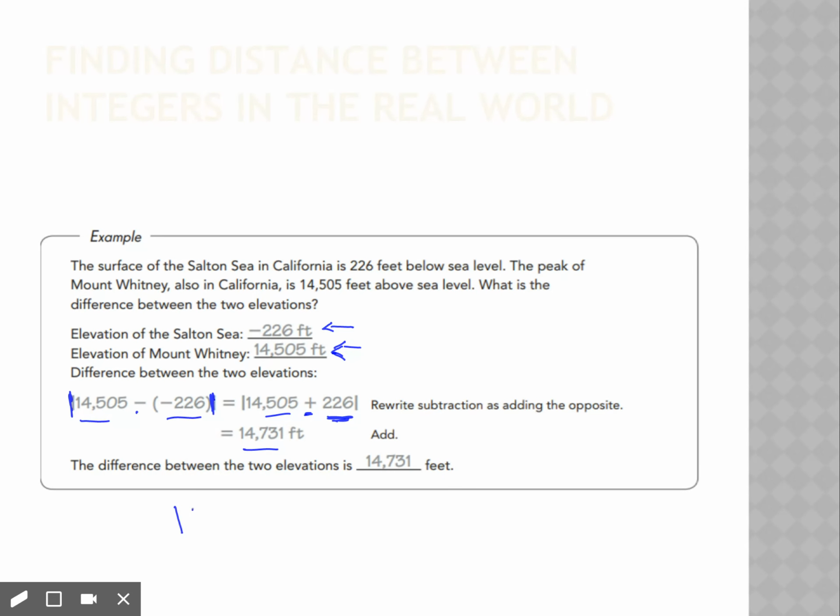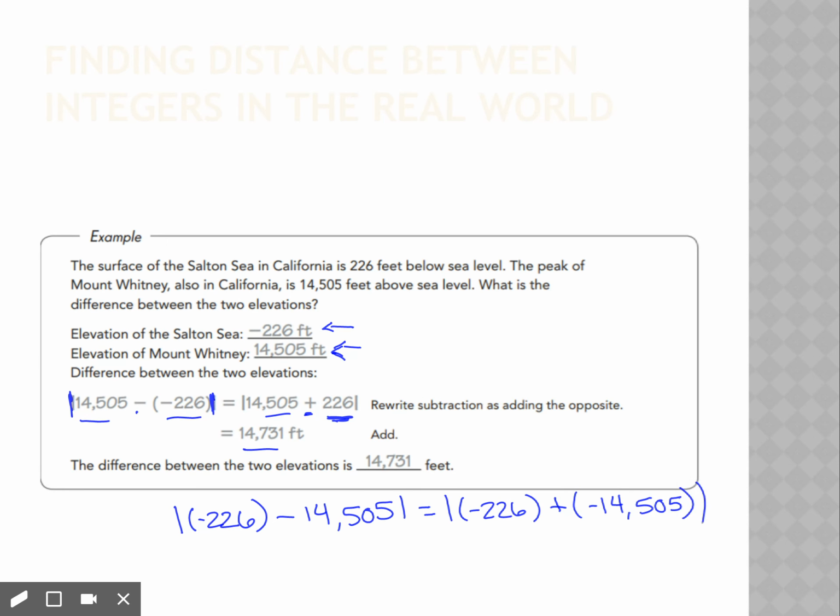I just want to show you that it wouldn't matter what number we put first. We could have done negative 226 feet minus 14,505 feet. And that would have changed to negative 226 plus negative 14,505.